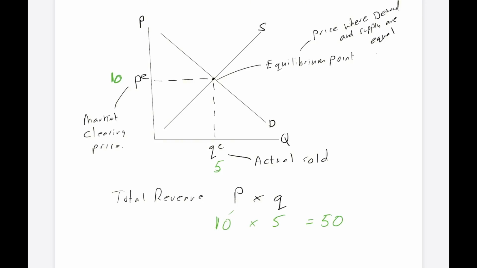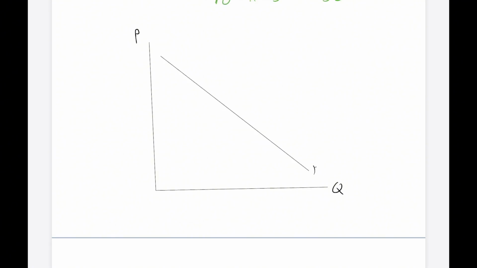Now, let's have a look at what happens to the price equilibrium and quantity equilibrium when there is a shift in either supply or demand. Let's draw a new diagram: price and quantity, downward sloping demand curve, upward sloping supply curve, price equilibrium, quantity equilibrium.